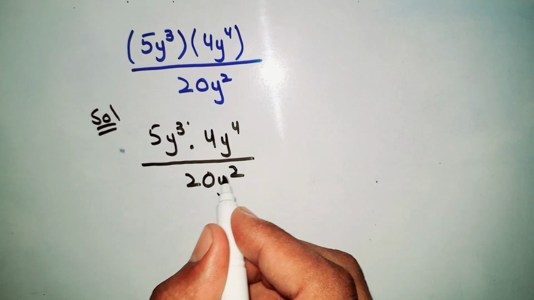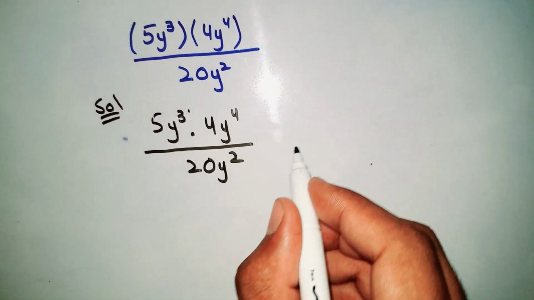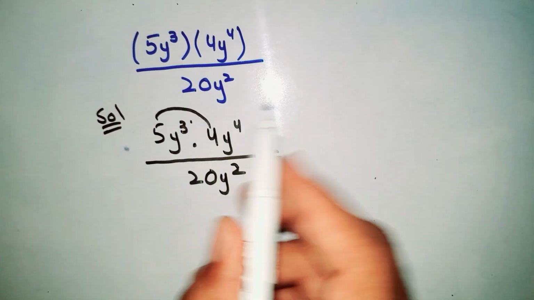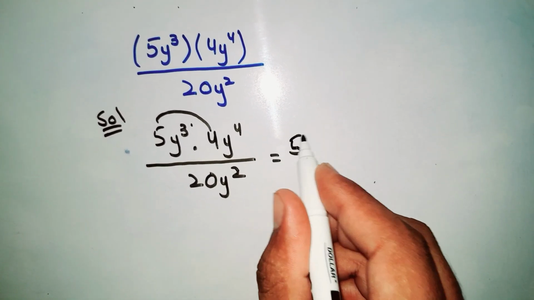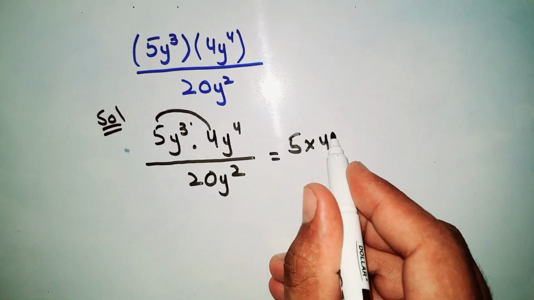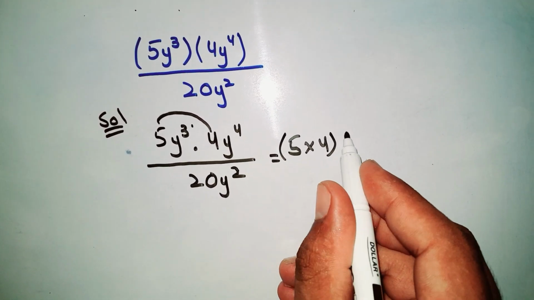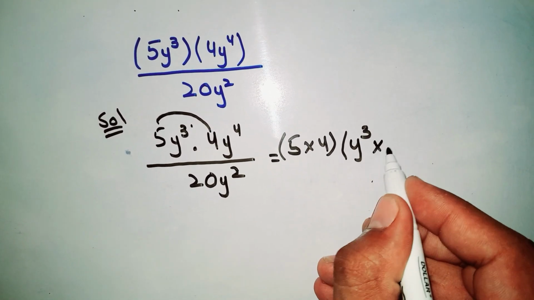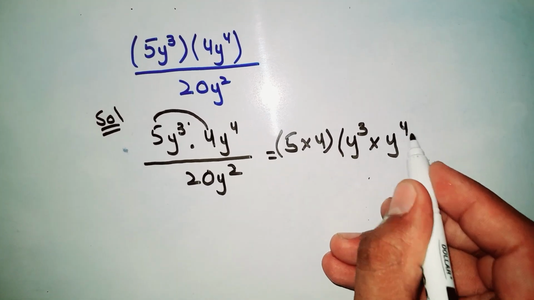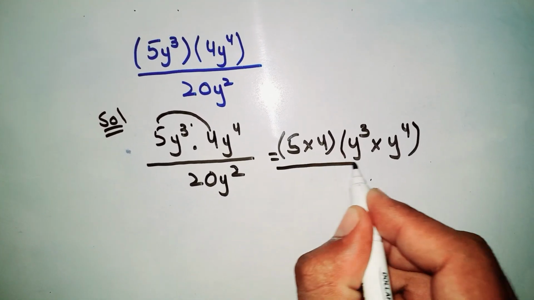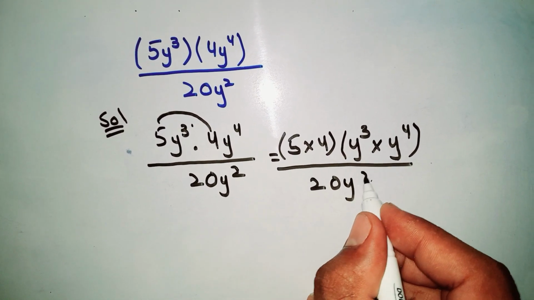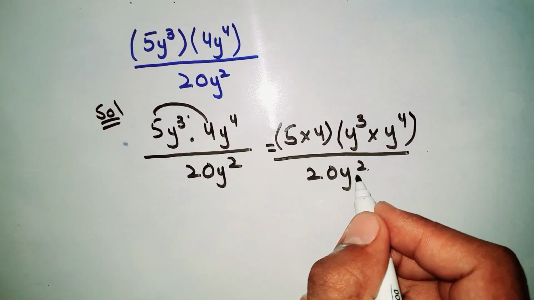So now here we multiply 5 with 4, so we write 5 multiplied by 4, in brackets, and we multiply y to the power 3 multiplied by y to the power 4, in brackets, divided by 20y squared.